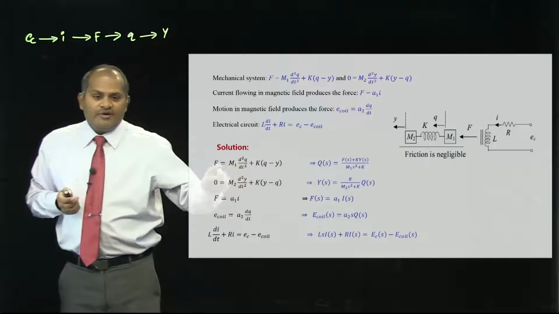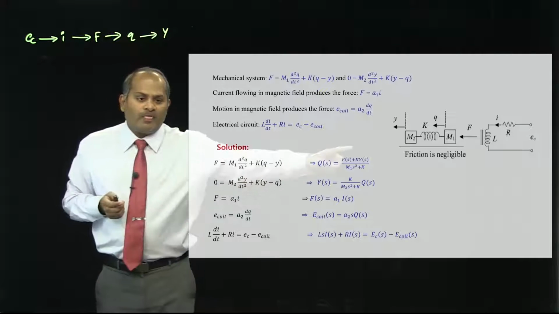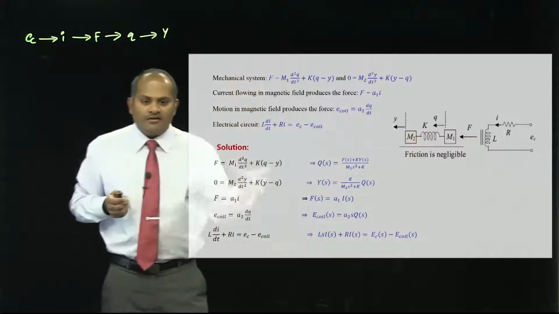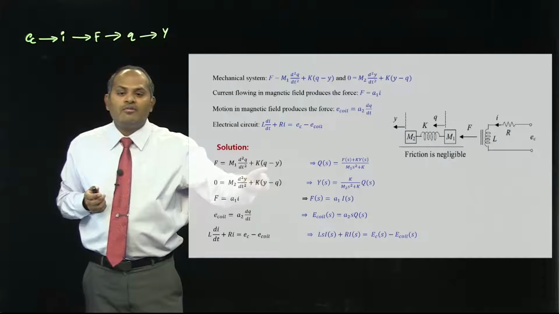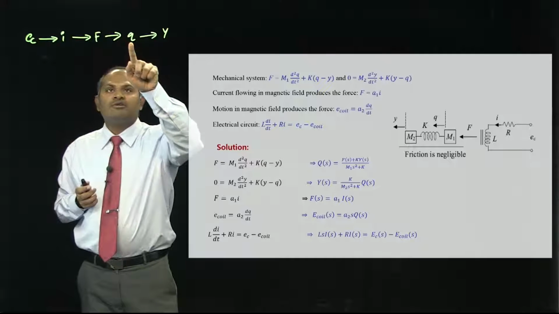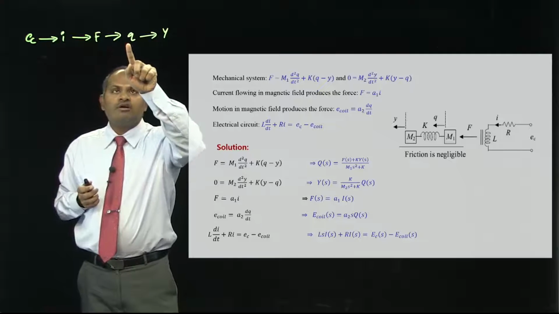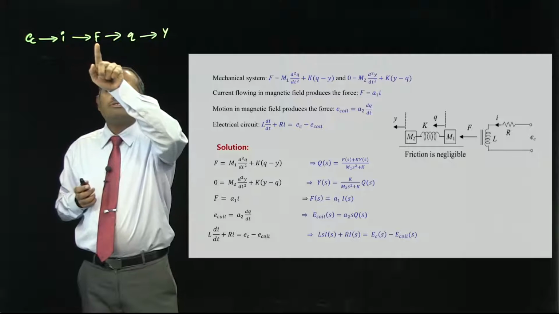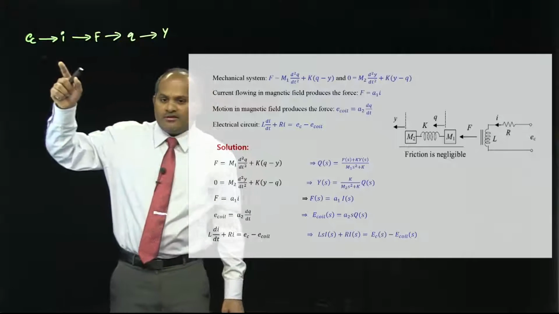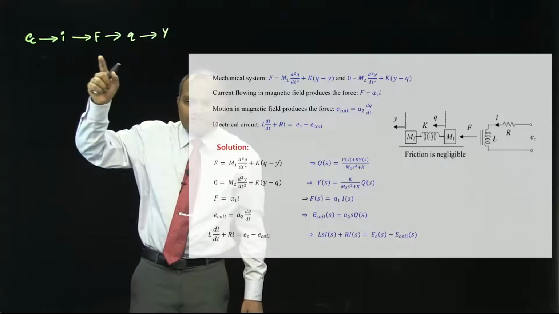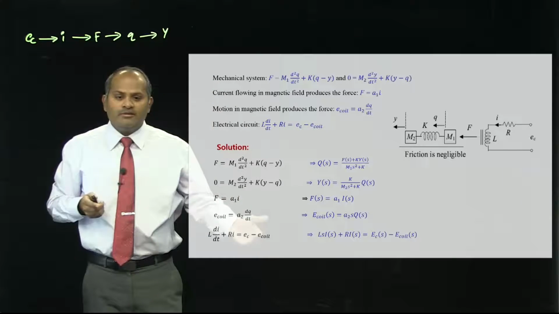So, this is the relation between force and Q. Here force is the input, Q is the output, very important. Force produces Q, Q produces Y, I produces F, EC produces I. So, write this signal flow diagram, and then you can actually complete the modeling.